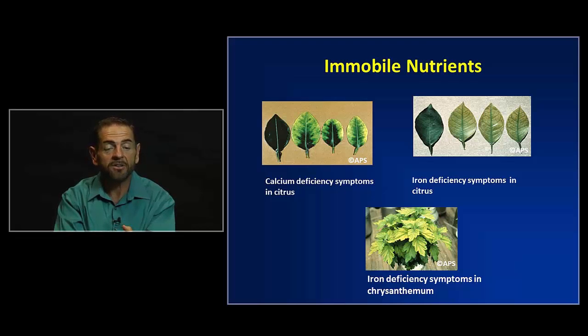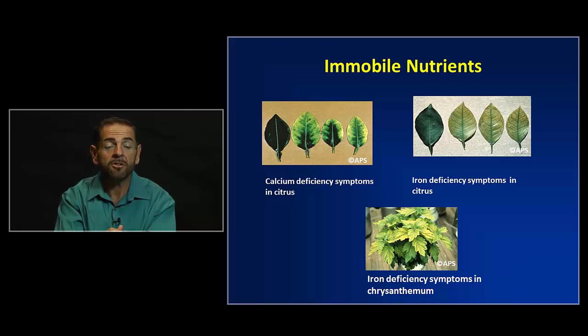Another example of iron deficiency, a better one, is down here in the chrysanthemum on the lower slide. And you'll see that the iron deficiency, you see the veins are green, but the leaves become yellow, and the chlorophyll has broken down. A problem with this sometimes is they're also very sensitive to the light. And so if you have high light, sometimes you'll get necrosis as well of the tissue, and may make the symptoms a little bit different.